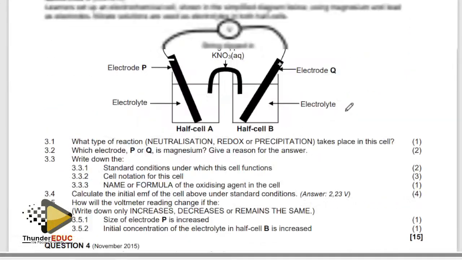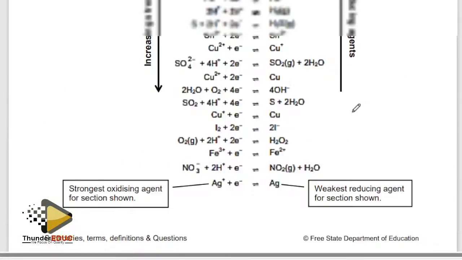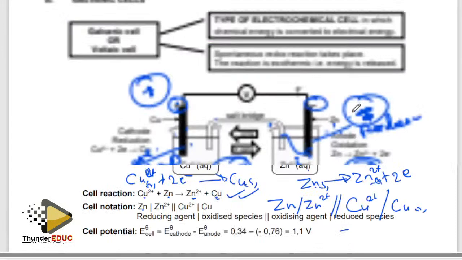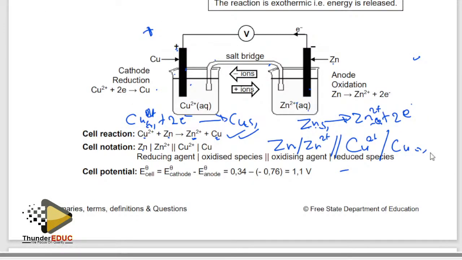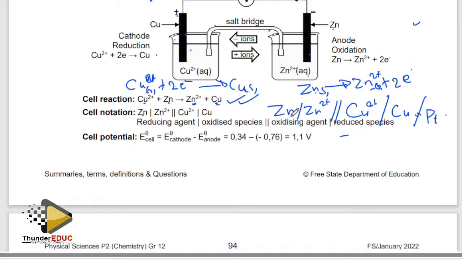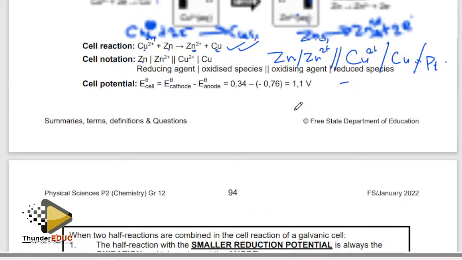So if it was a gas, for example a gas copper, then I have to put this in brackets, or I just have to slash it, and then I put, for example, platinum, which shows that this one is reacting. For example, if this was hydrogen ions, and then hydrogen gas, and then platinum, you see. Yeah, that's how you can do the cell notation.